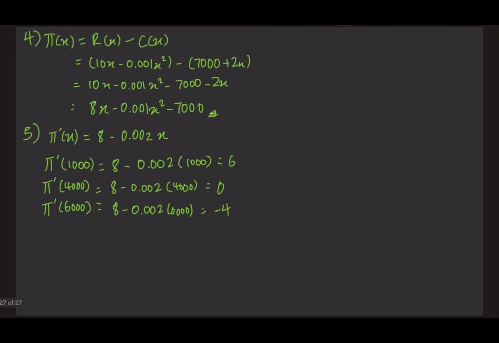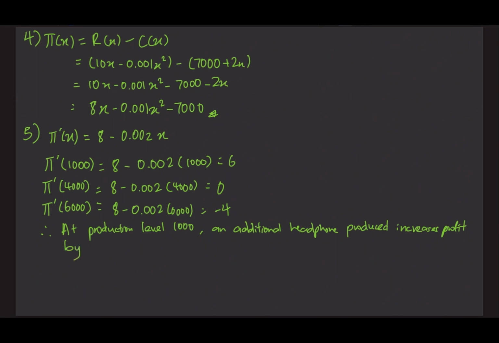And here is our interpretation. At production level 1000, an additional headphone produced increases profit by $6.